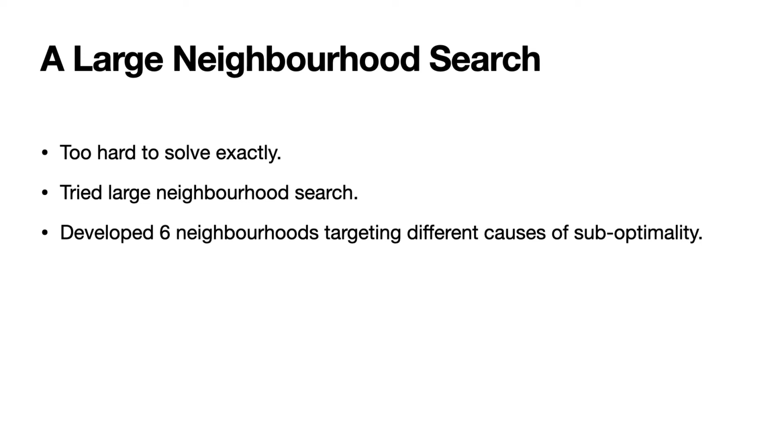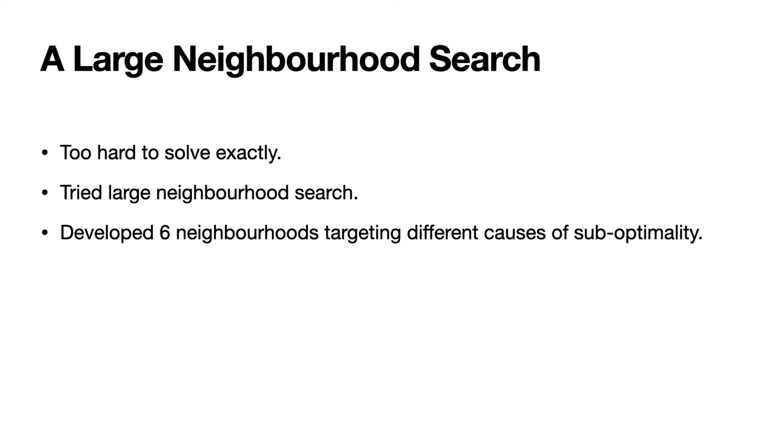A neighborhood fixes the variables to the values in the solution and doesn't fix the remaining variables. A large neighborhood search then calls the solver on the unfixed variables so that it only searches over these unfixed variables. There is some randomness in the neighborhoods so that they don't search on the same variables in every iteration.